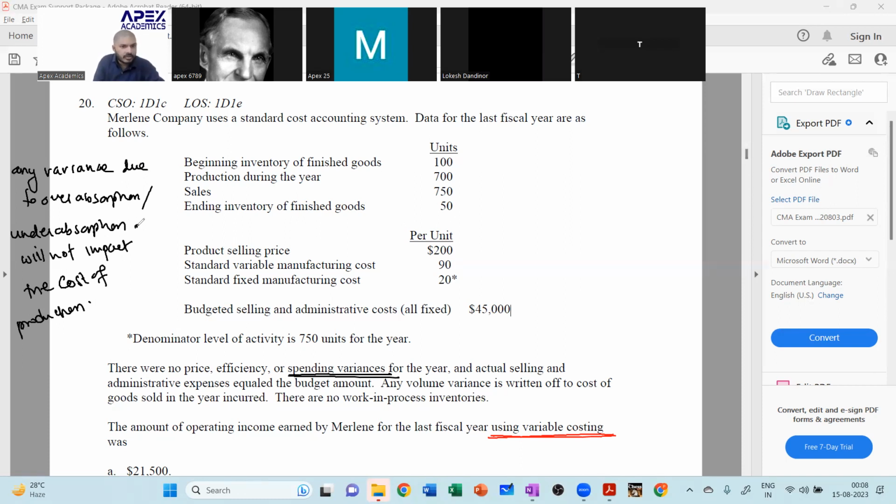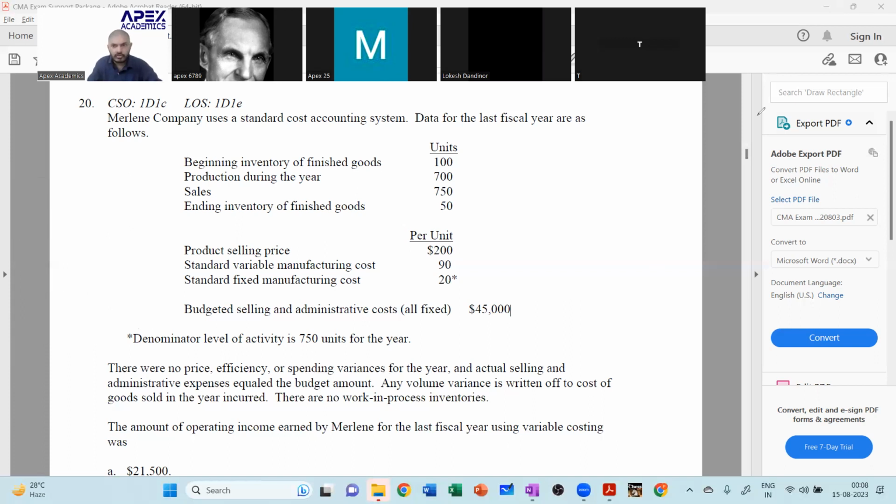Underabsorption or overabsorption of fixed overheads will not impact it. Why? Because we are using variable cost basis. Now, let's understand what is the meaning of my statement.